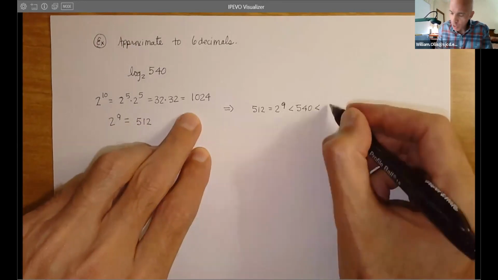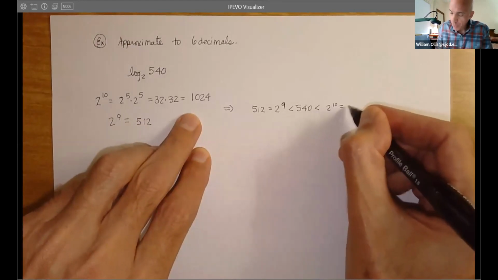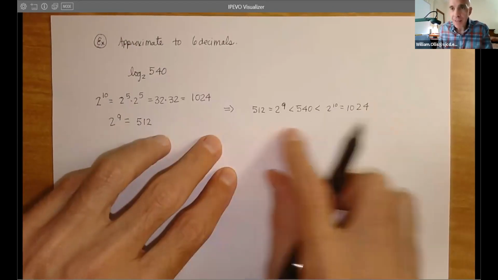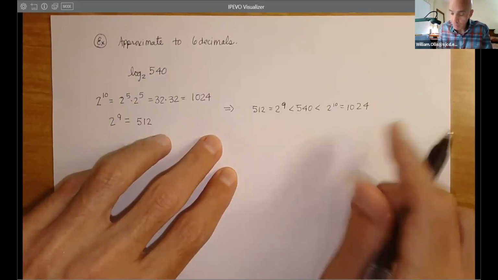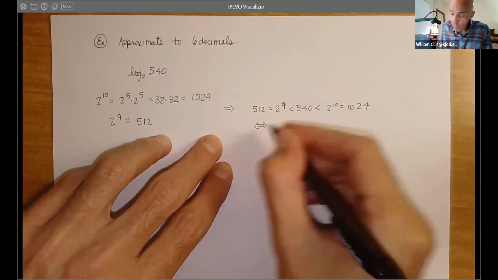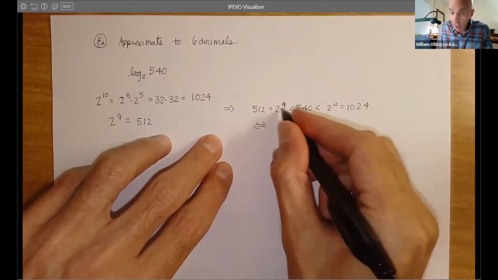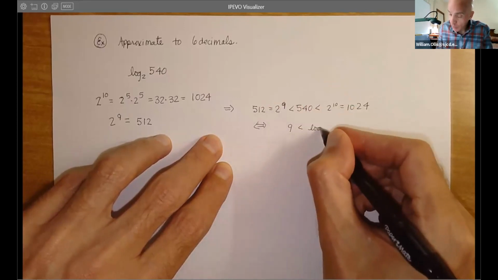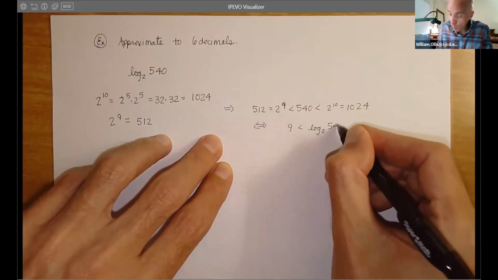So now we have 2 to the 10th, or 1024. So we would expect, if we apply the logarithm function, which is an increasing function, so it preserves this, apply the logarithm, then the base 2 log of 2 to the 9th is 9. And then we're looking for the base 2 log of 540.